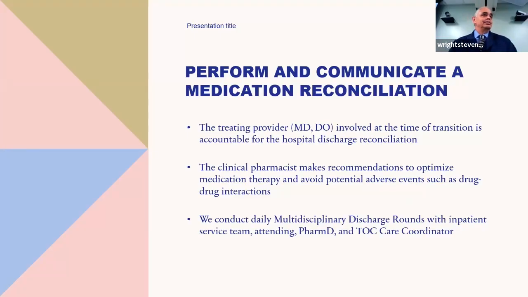MedRec. This is a big one that we all have to pay attention to, for all the reasons that we talked about. This area is fraught with potential for error. Multiple doctors, multiple specialties, the transition of care from the hospital to the clinic and from the hospital to the nursing home. In our group, we also look at our readmission rates from the nursing home.